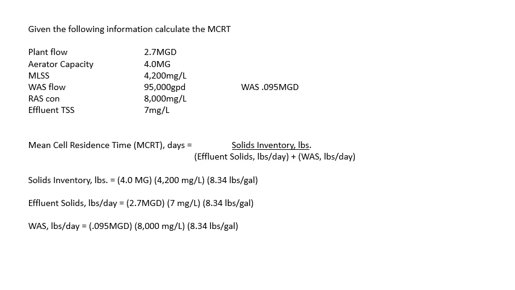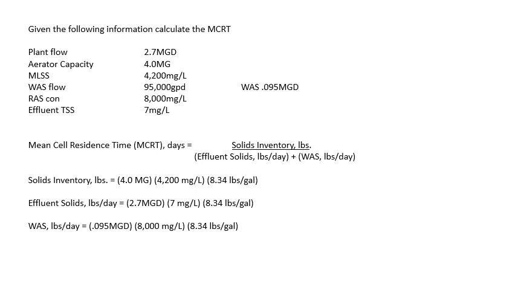So your solids inventory in pounds is equal to the aeration tank capacity of 4 million gallons times the MLSS of 4,200 milligrams per liter times 8.34 pounds per gallon. Your effluent solid pounds per day is equal to the plant flow of 2.7 million gallons a day times the effluent TSS of 7 milligrams per liter times 8.34 pounds per gallon.